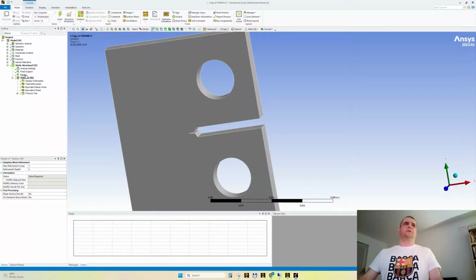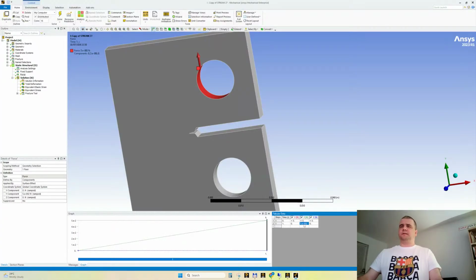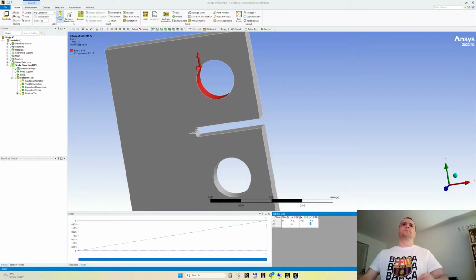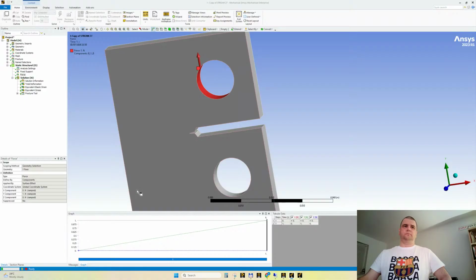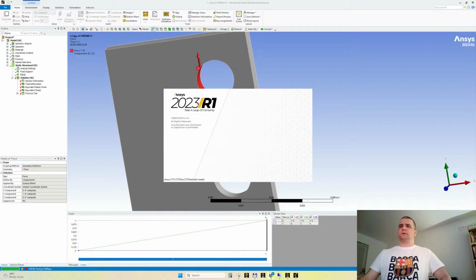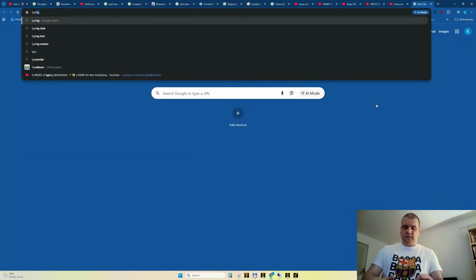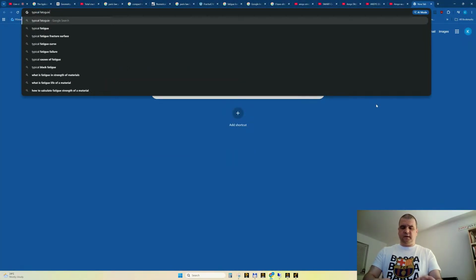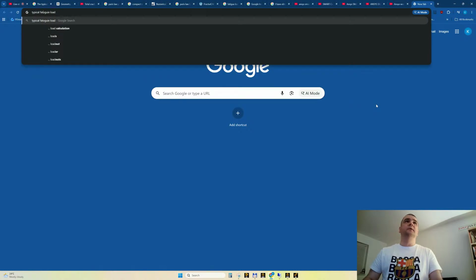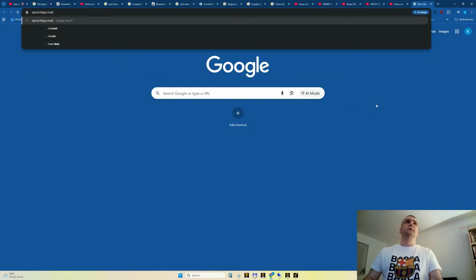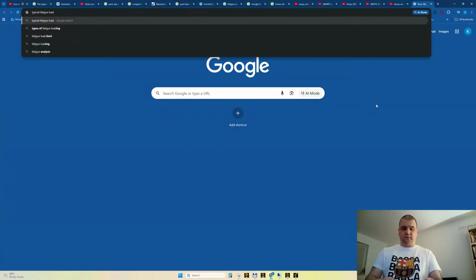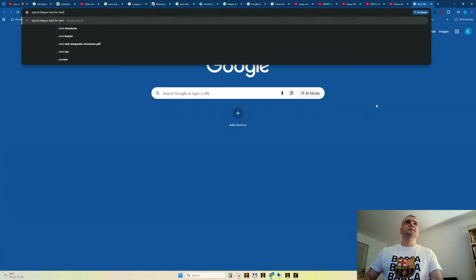Where was I? Here, I would like to increase the value. Let's see, 1. Can we ask the AI for the typical fatigue load for steel?